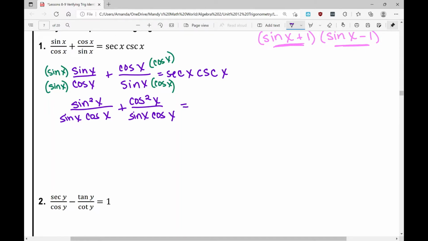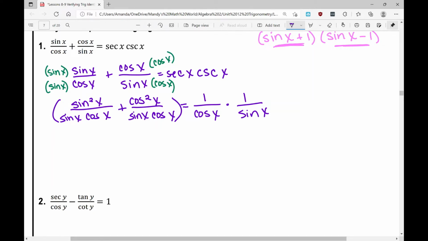and I'm going to go ahead and rewrite this. Secant x, that's the reciprocal of cosine. I can write it 1 over cosine x times cosecant x, that's the reciprocal of sine. So I can write it as 1 over sine x. And now I'm actually going to rewrite this sum over on the left side of my equal sign.